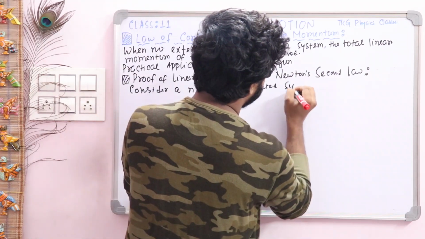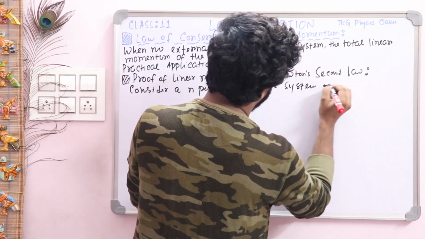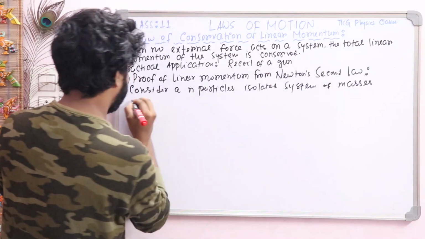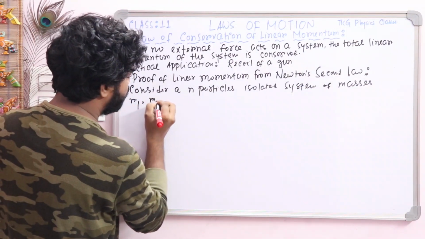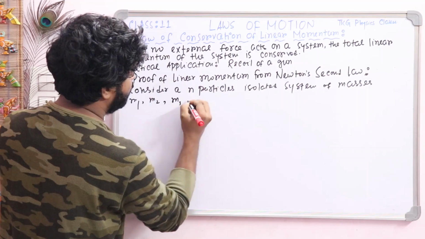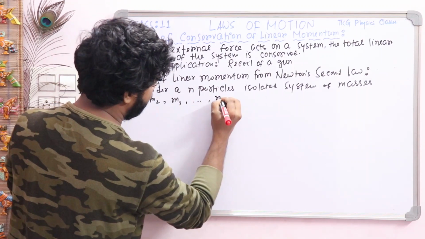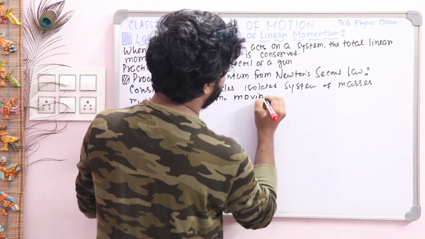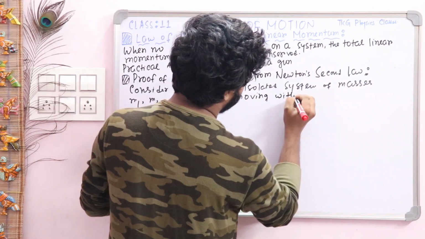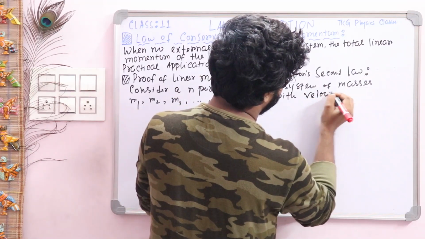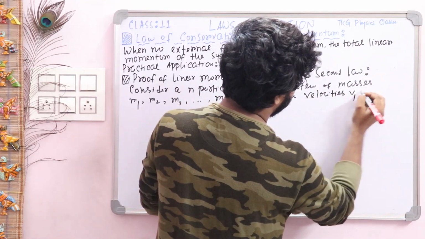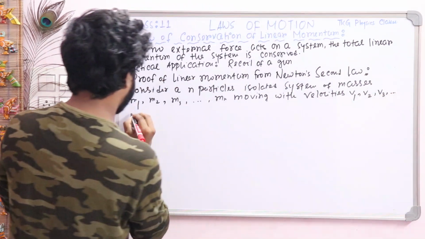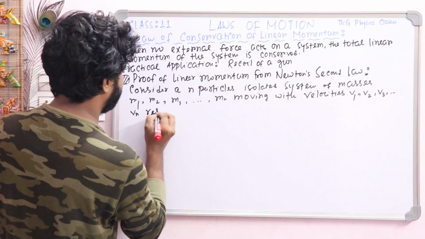Consider an isolated system of n particles of masses m1, m2, m3, and so on, finally mn, moving with velocities v1, v2, v3, up to vn respectively.